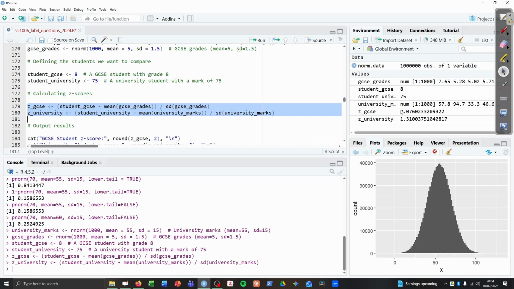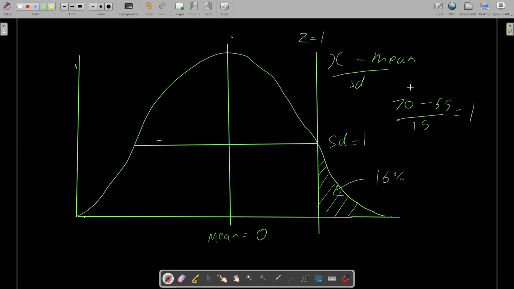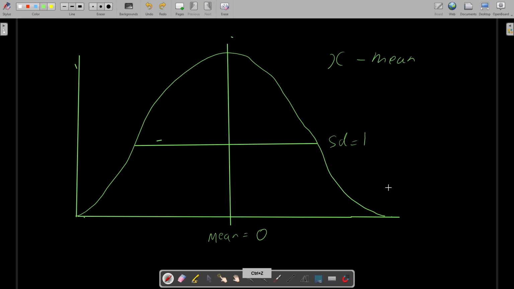So the GCSE student has a Z score of 2 and the university student of about 1.3. Well, let's go back here and see what that means. I'm going to debloat this graph a bit. Let's get rid of all these calculations.